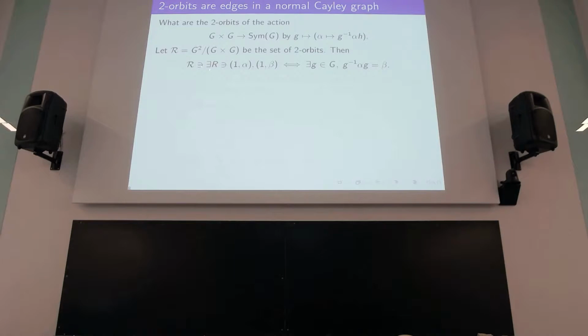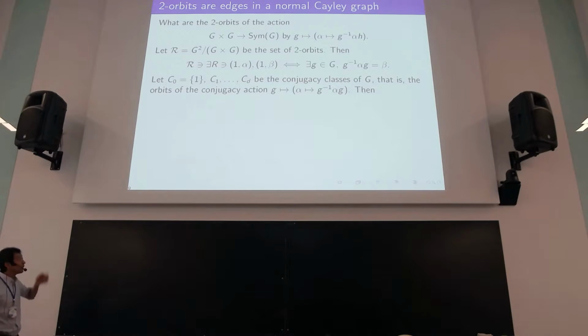So the pair you take must consist of the same element, not G, H, but G, G. But then the left action and right action combined sends alpha to beta. So they belong to the same two orbits if and only if alpha and beta are conjugate.